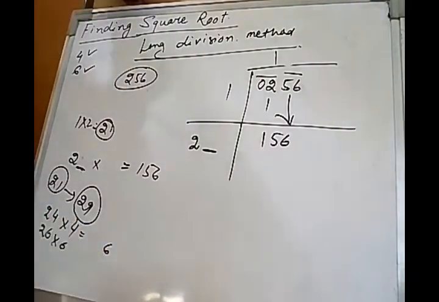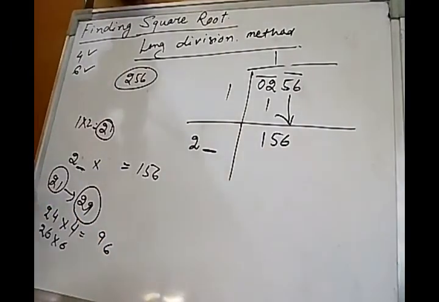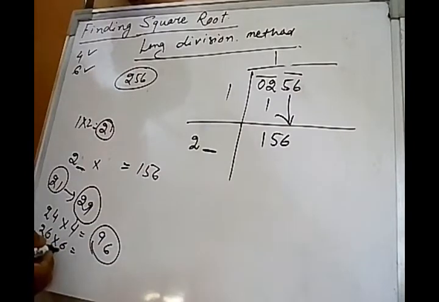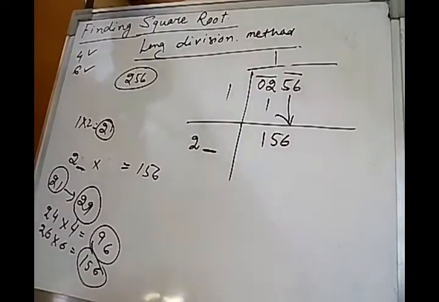Now 24 × 4 how much? 4 4s are 16, 6 carry over 1, 4 2s are 8, 1 is 9. Now 96 is not possible here, 156 we want. So 6 6s are 36, 6 carry over 3, 6 2s are 12, 3 is 15, 156.